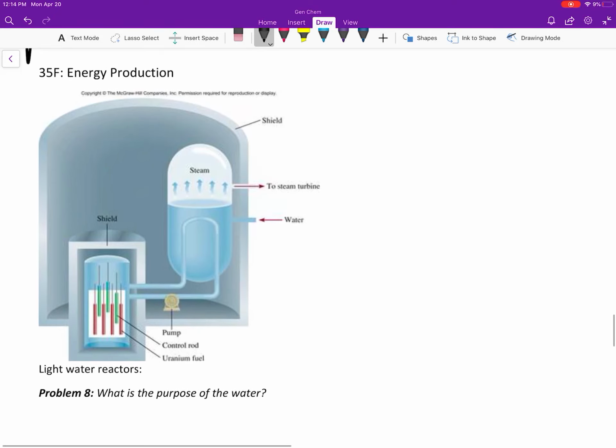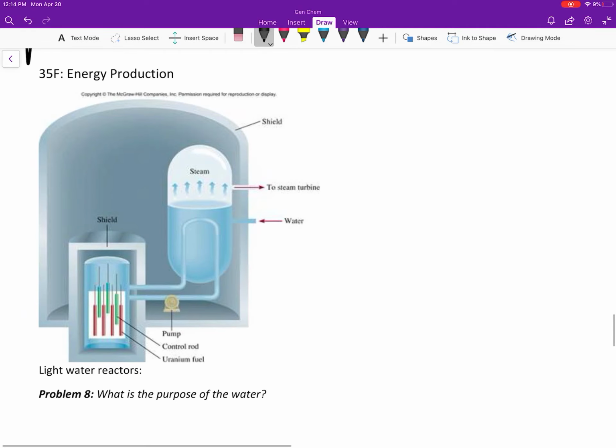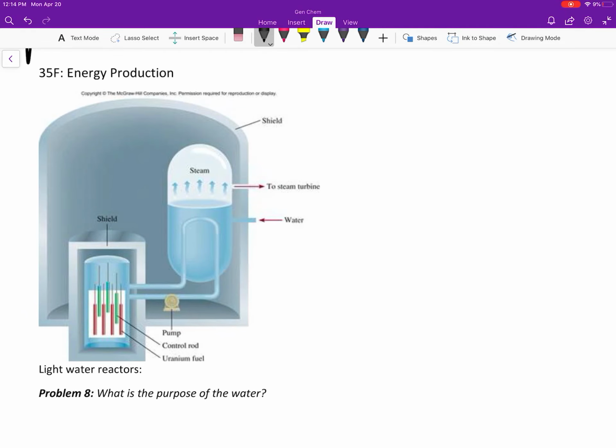This is an image of a simplified model of a nuclear power plant. You have your uranium fuel rods, your control rods, which help to control the reaction. You have this shield, which is going to be made out of lead and concrete, and it's going to be very thick.